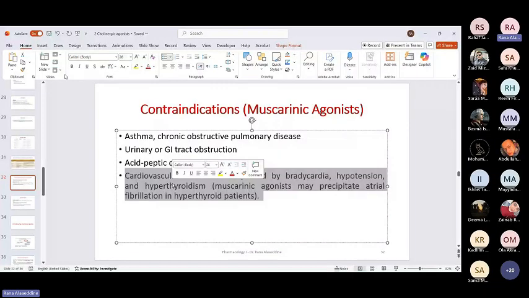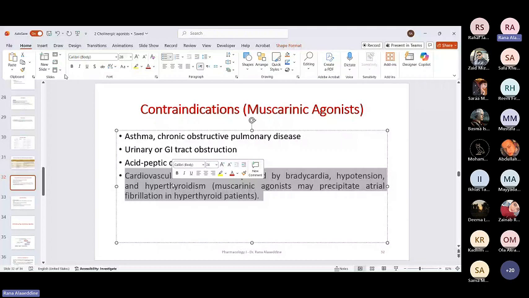If someone already has slow heartbeats, is it good? No, it makes it worse. Then what happens to the blood pressure? It will decrease. Exactly, hypotension. This is not good for the heart, because now the coronary vessels will be dilated, and not enough blood will reach the heart.